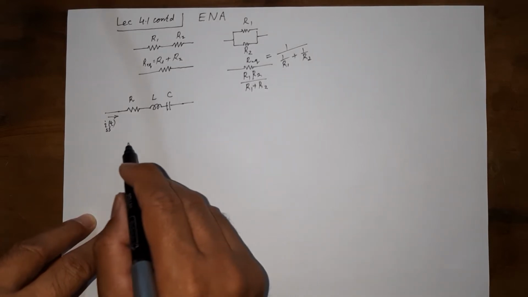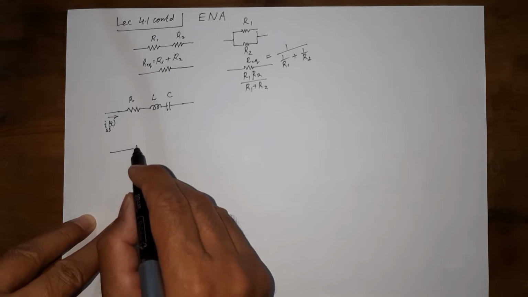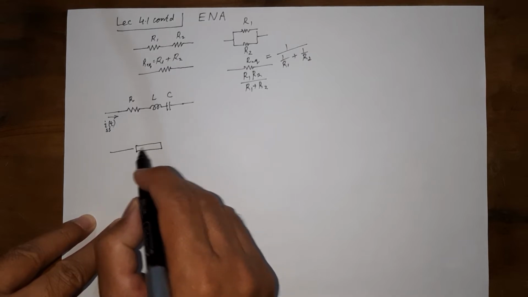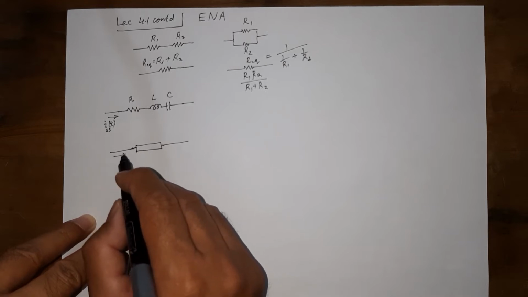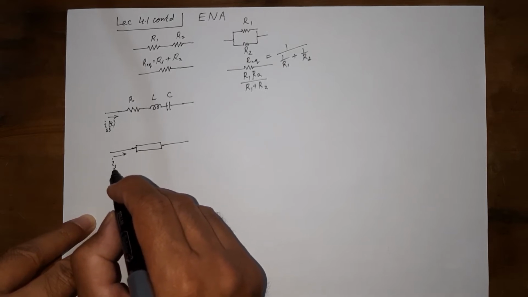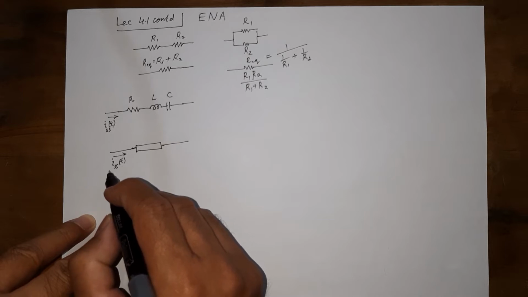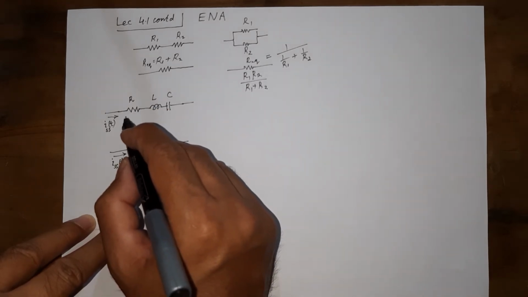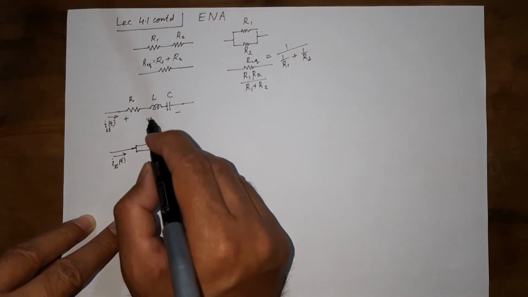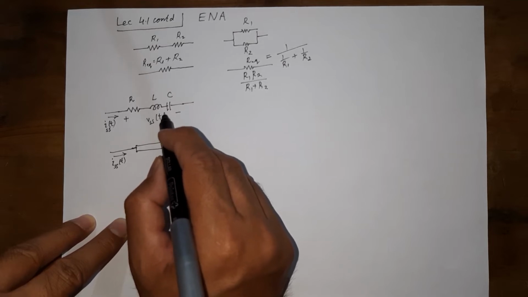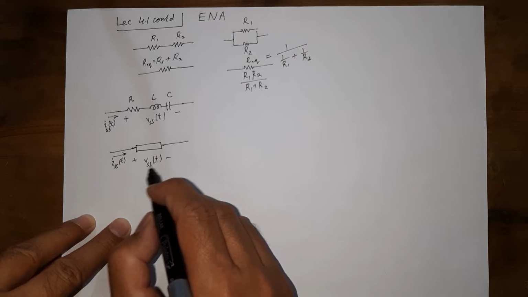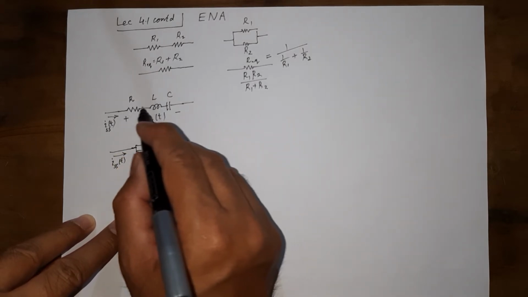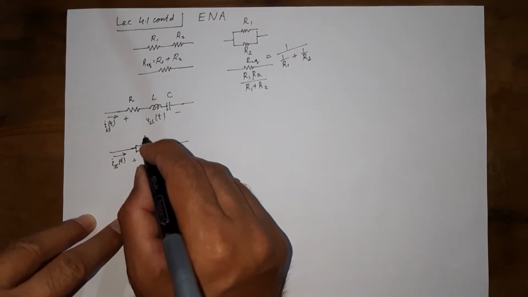Then what would that thing be that can be represented by a single element with the same current, i_ss, the steady state current flowing, with the voltage across all of them equal to say v_ss(t), so that voltage is still the same. However, we want to replace all of them with a single element.